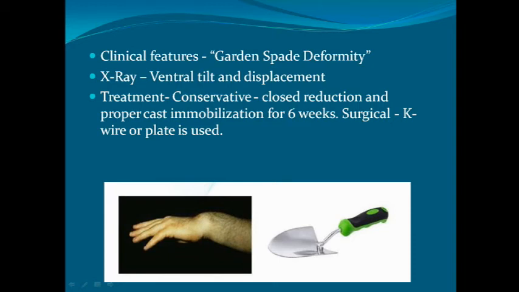You will often be asked in your pre-PG exams which type of fracture you find with garden spade deformity or dinner fork deformity. So just remember, in Colles fracture you find dinner fork deformity, whereas in Smith fracture you find garden spade deformity.